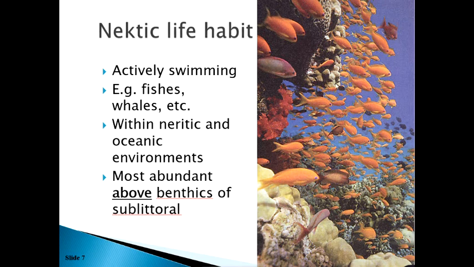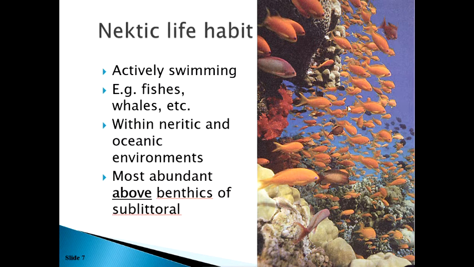and they have a different address or a different life habit that we call nektic. These are creatures that are actively swimming. So in this diagram of this beautiful coral reef area, all of these things here at the bottom and up on the side here, these are corals, sponges, bryozoans, plants, snails, all kinds of things. Those are your benthic creatures. They are tied to the bottom. Look above them.